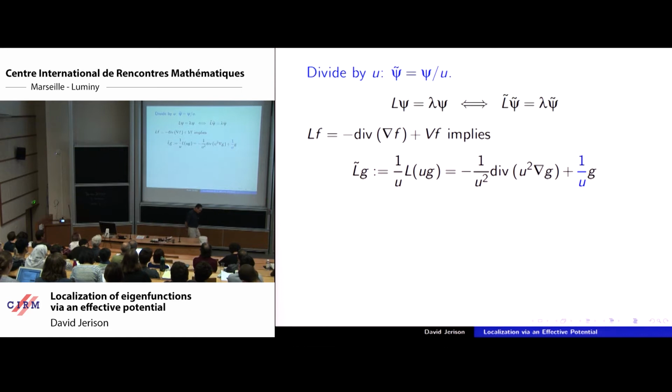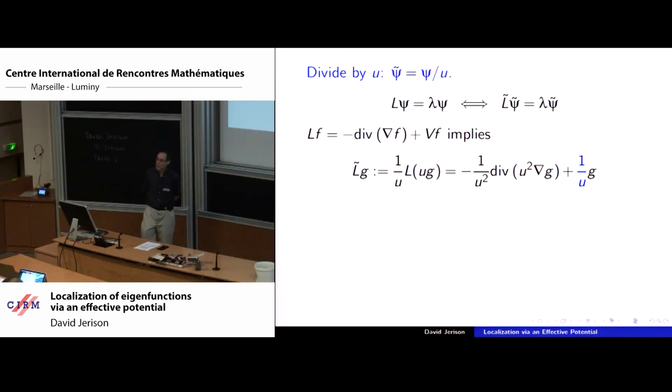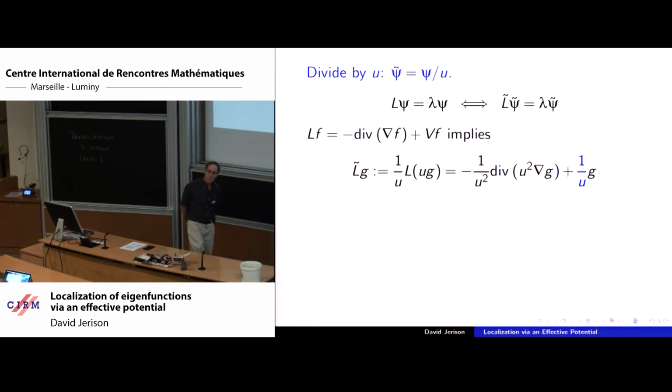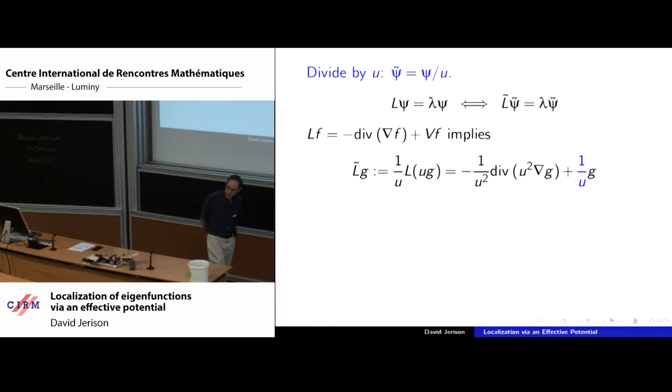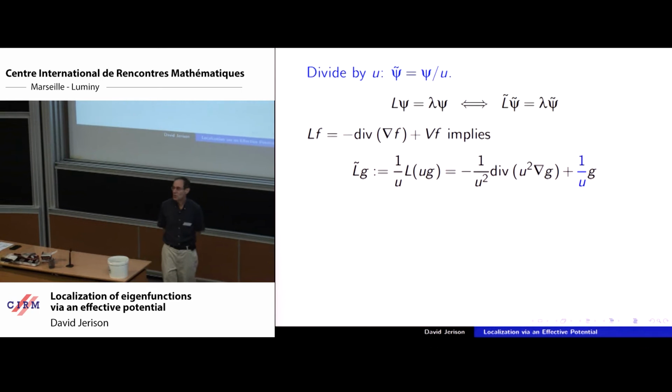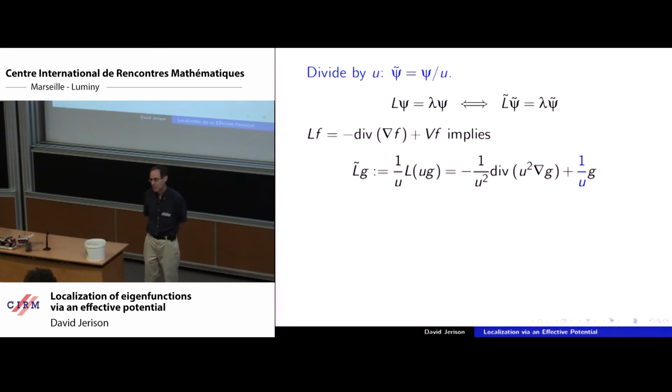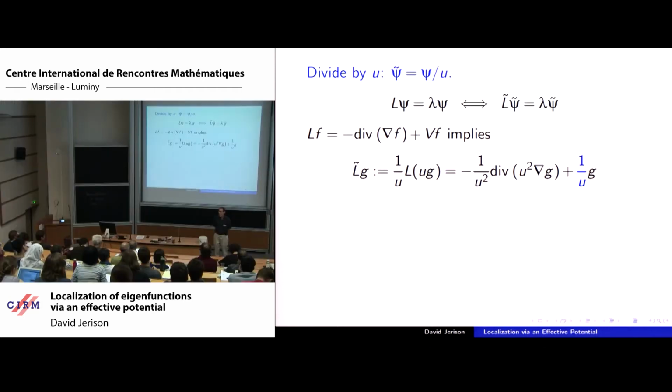The start of our study, to try to understand why this is working so amazingly well, was to do something nonlinear. This is a linear equation, but we're interested in the shapes of eigenfunctions, or the level sets of eigenfunctions, and that isn't a linear problem, because the level lines don't satisfy a linear equation.